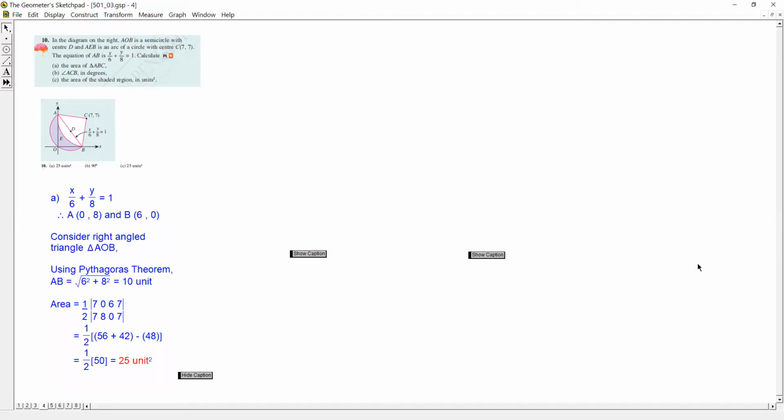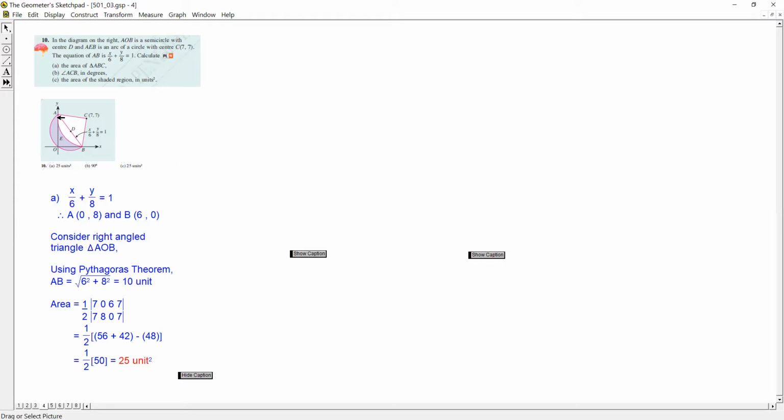For just now, the x over 6 means the x coordinate of the point on the x-axis is 6. There's another point on the y-axis. The number below the y is the y-axis one, and the number below the x is the x-axis one. Correct.